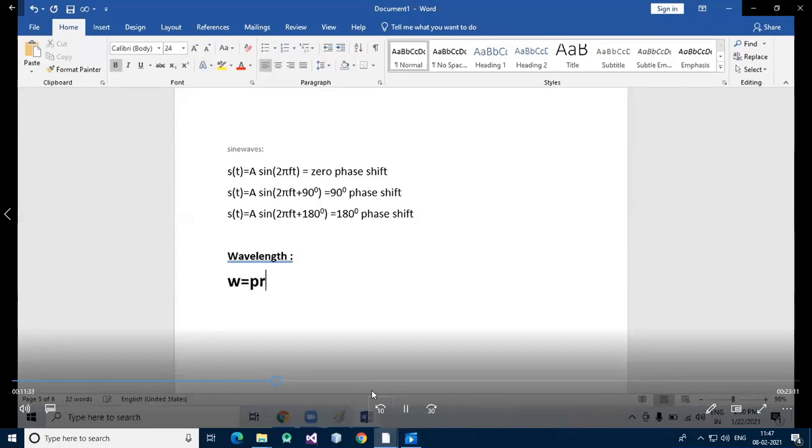Wavelength is indicated with lambda also. Propagation speed divided by frequency.